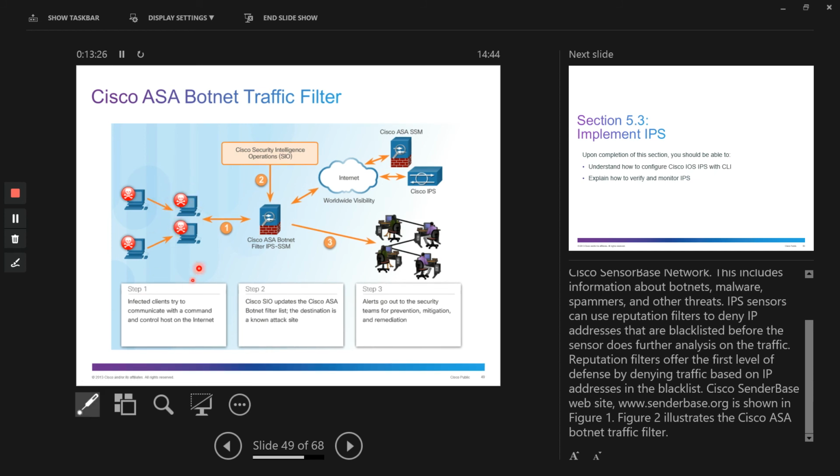You can see the malicious traffic going to your Cisco firewalls, and the firewalls use SIO and send alerts to the security team, so that they can prevent, mitigate, and remediate against these malicious activities.